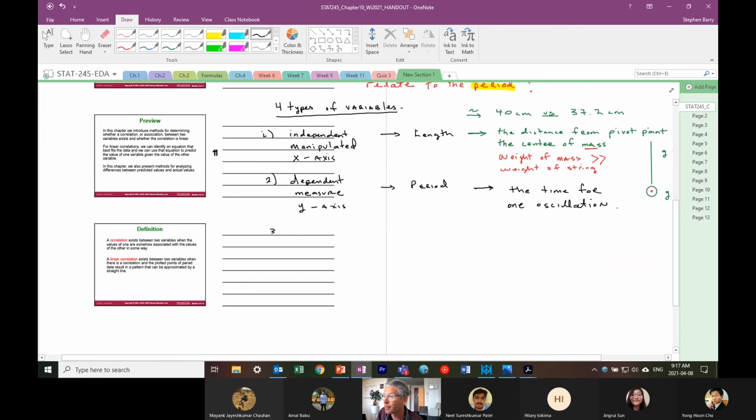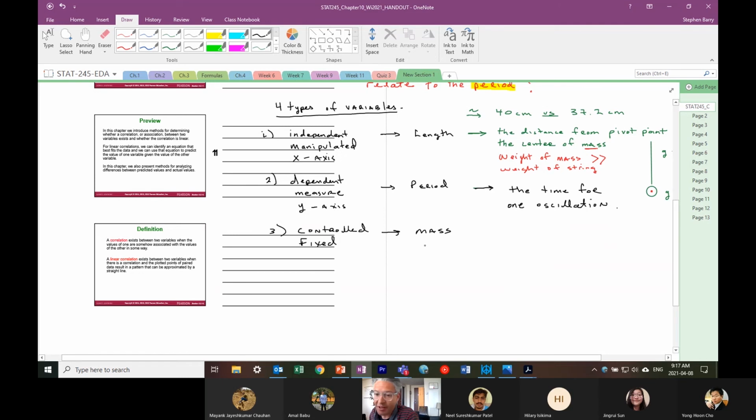But the third type of variable is called controlled variables. These are things that do not change. These are fixed. Examples in this case would be the mass. You're not changing the mass of your pendulum.